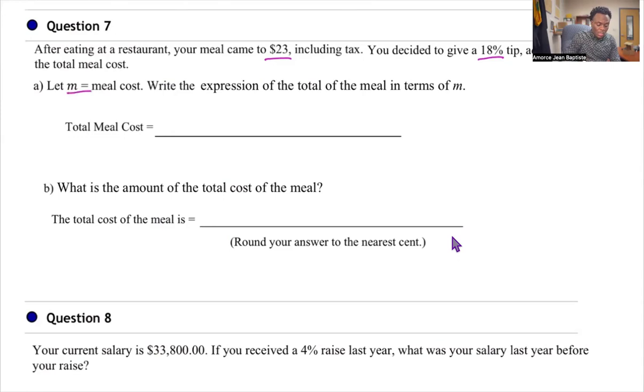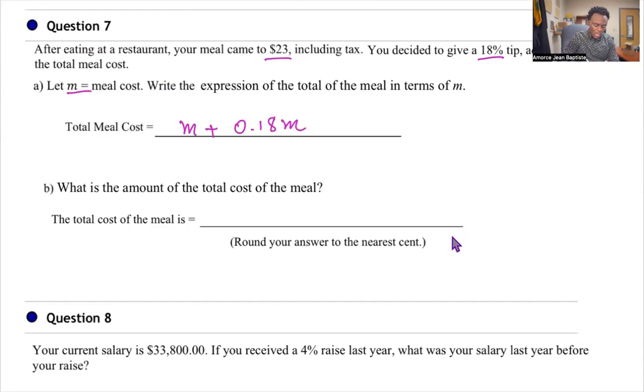If M is your meal cost, write an expression for the total cost of the meal in terms of M. In terms of M, that means M, the meal cost, plus 18% of M. So M plus 18% of M, that means 0.18M.